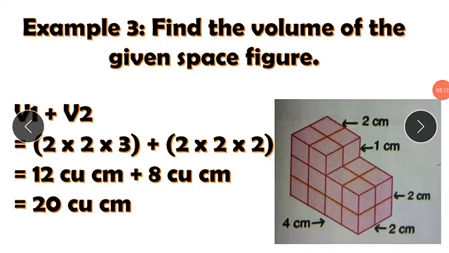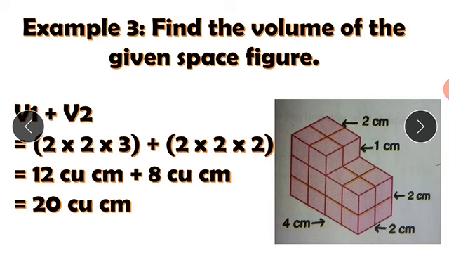Next example, find the volume of the given space figure. You can see this is not a square and this is not a rectangle, but we can divide this space figure into two to solve for the entire volume.